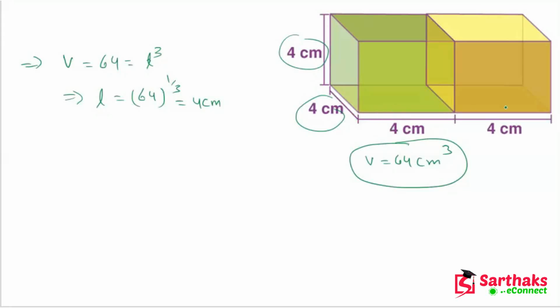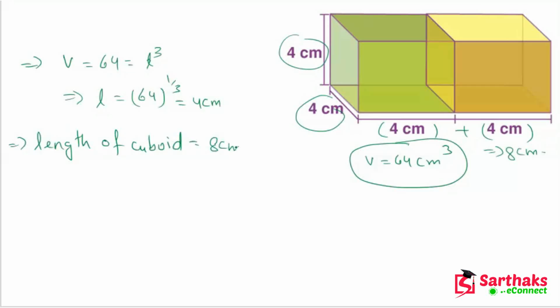Now we join these two cubes, so we get 4 plus 4, which equals 8 centimeters. So the length of the cuboid is 8 centimeters, but the breadth and height are the same.